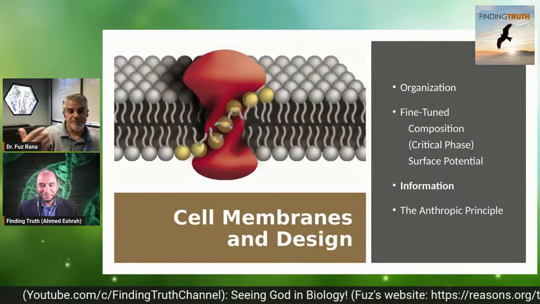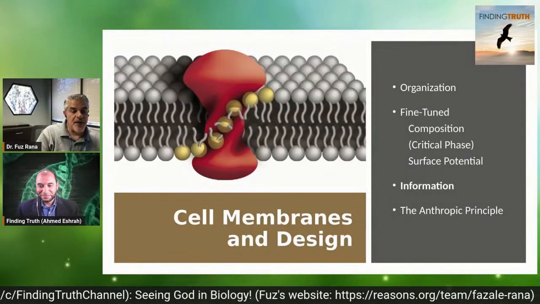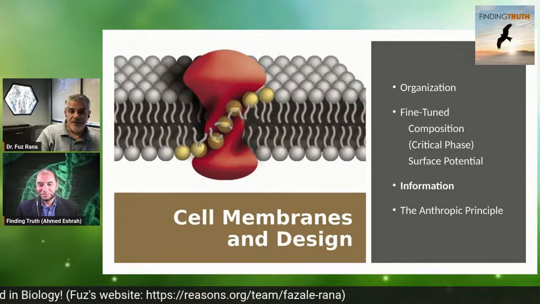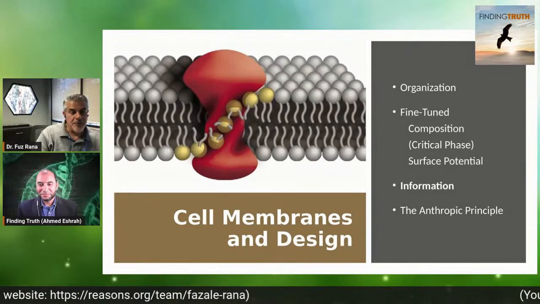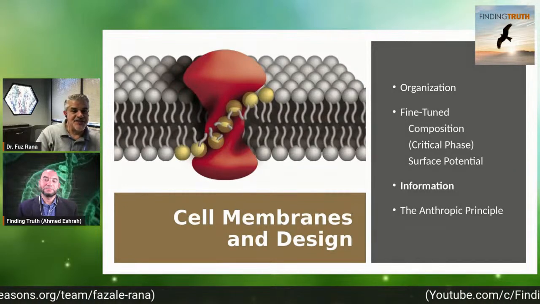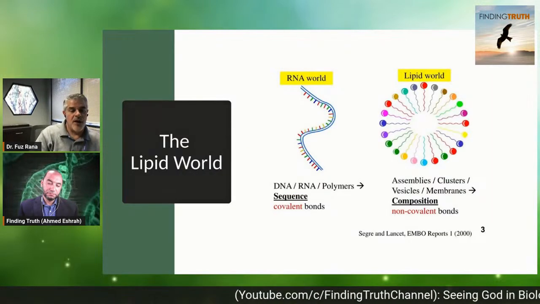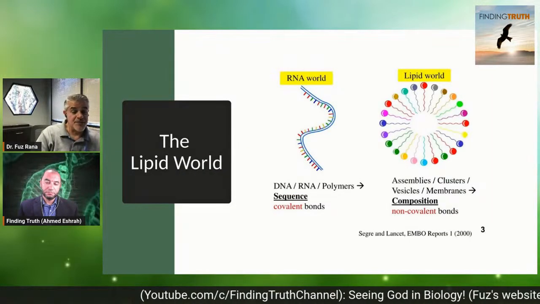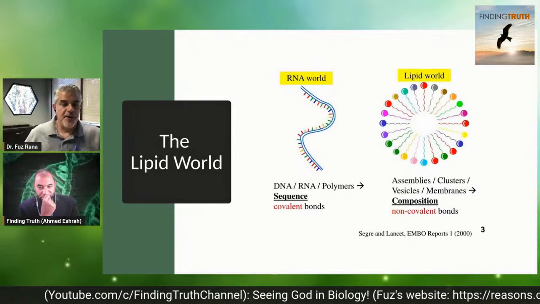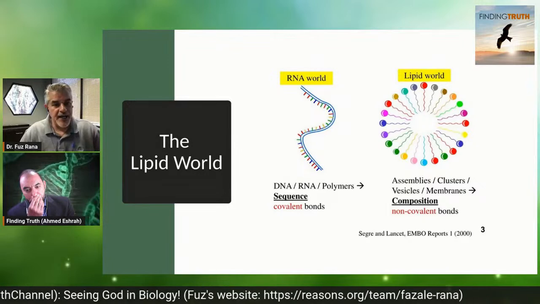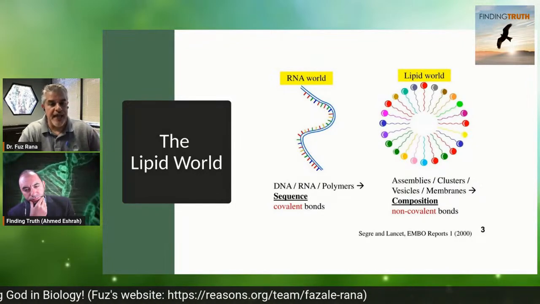one other feature of cell membranes that also suggests design is that cell membranes very well may actually harbor information. Now, this is maybe not something that is evident, but where I picked up this possibility was from a paper published in 2001 or something like that, by a researcher named Dorian Lancet.